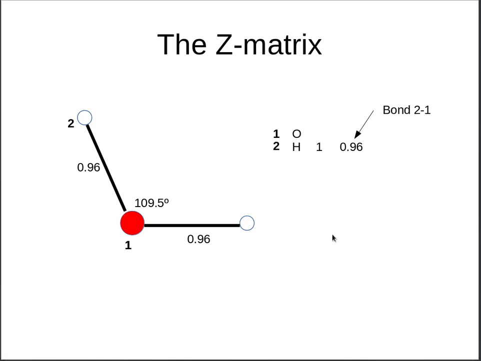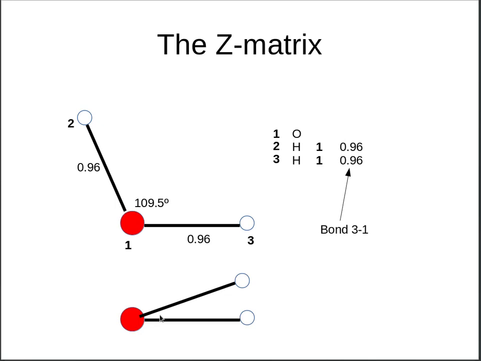And then finally, the third row of the Z-matrix. The third atom is a hydrogen atom, and that atom is also bonded to atom 1 with a value of 0.96. But be careful, because this Z-matrix is not complete, because it could also refer to a molecule that looks like this, where the angle is not included.